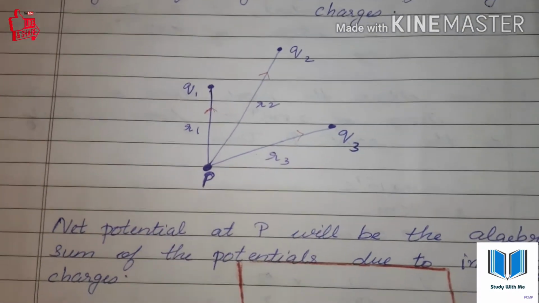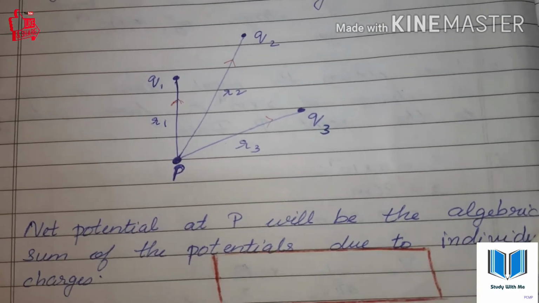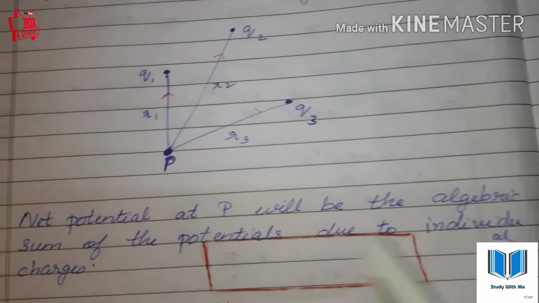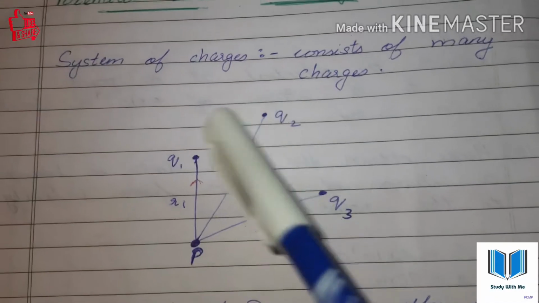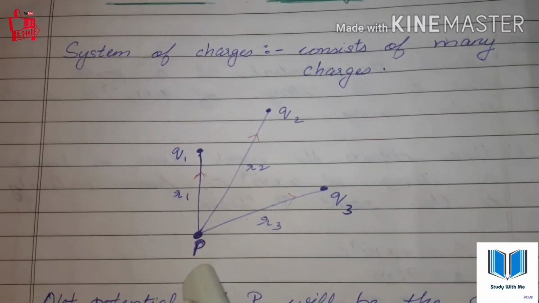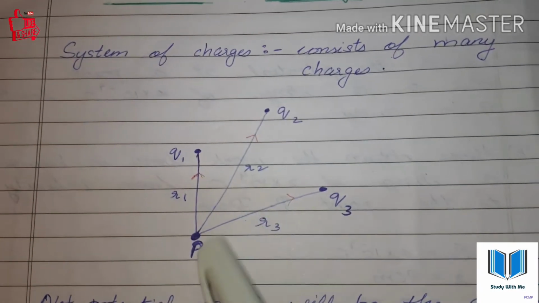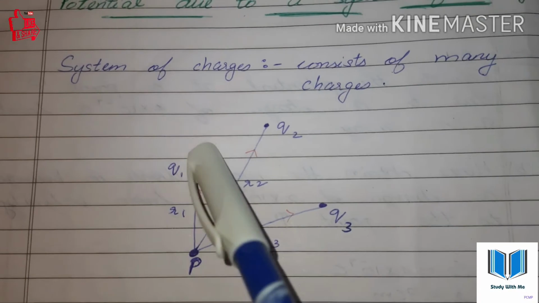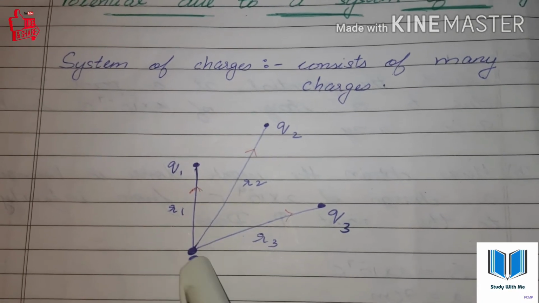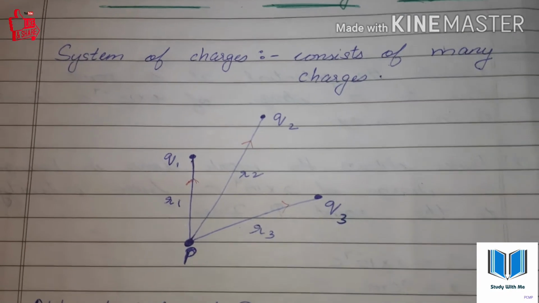We know that the net potential at P, or at any point, will be the algebraic sum of the potentials due to individual charges. So Q1 will exert a potential at the point P, Q2 will do the same, and also Q3.